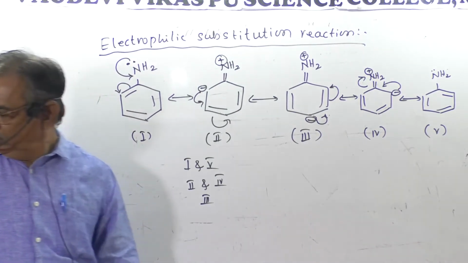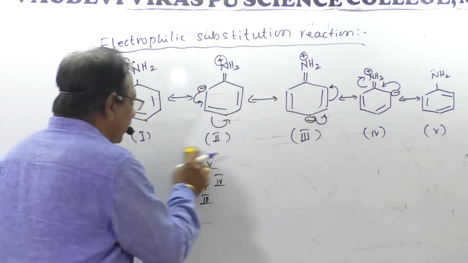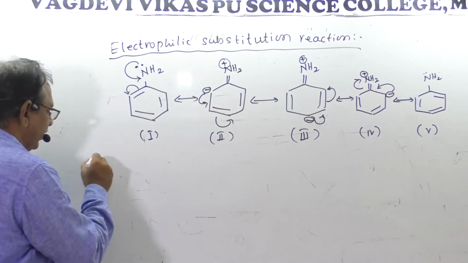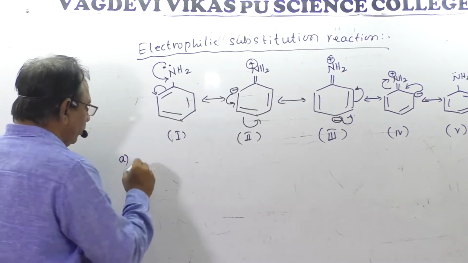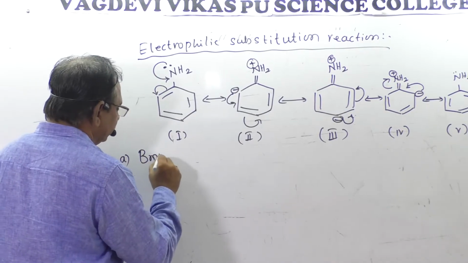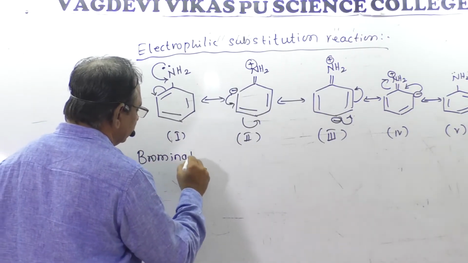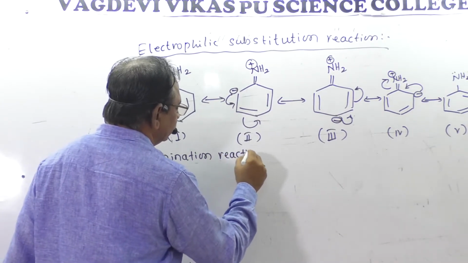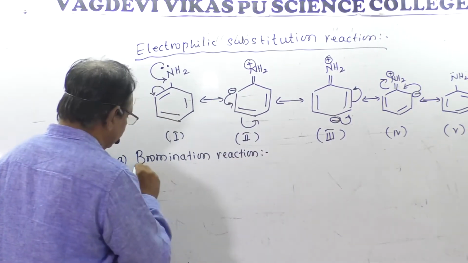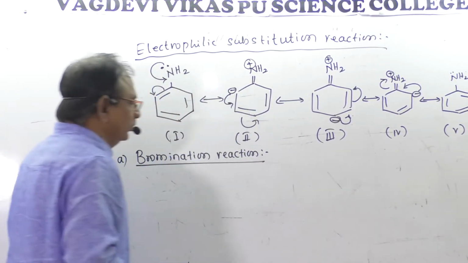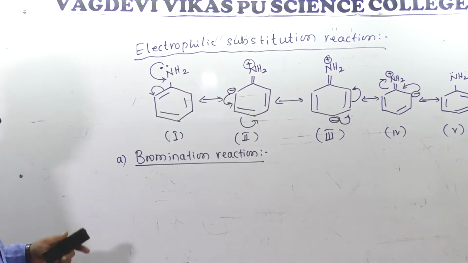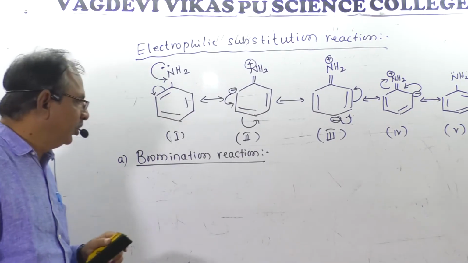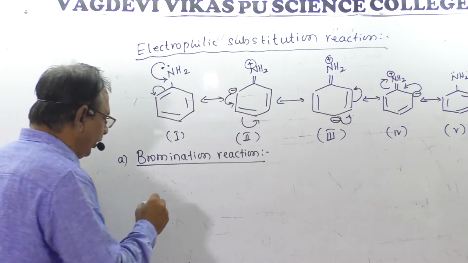Now we will discuss the electrophilic substitution reactions. The first reaction, that is A, is the bromination reaction. Bromination means substitution of bromine.